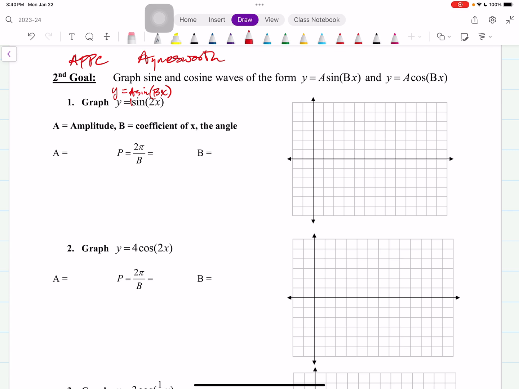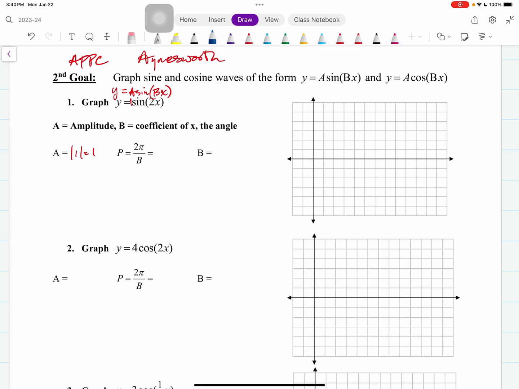It's actually the absolute value of it, so I'm going to write down the absolute value of that, which is 1. We haven't talked about reflections yet, but keep in mind that A can be negative, and when that happens, given the fact that amplitude is always a positive number, you always take the absolute value if you see a lead coefficient that's negative. But that is your amplitude.